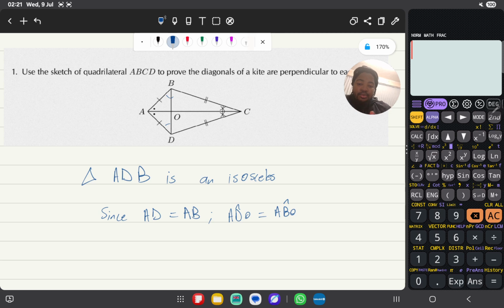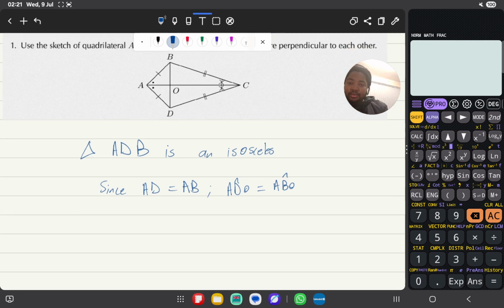We get this information from the triangle being an isosceles triangle, right? And of course, we concluded that the triangle is an isosceles triangle because of the sides given to us, that the two sides of the triangle are equal, therefore making the two angles to be equal, right?